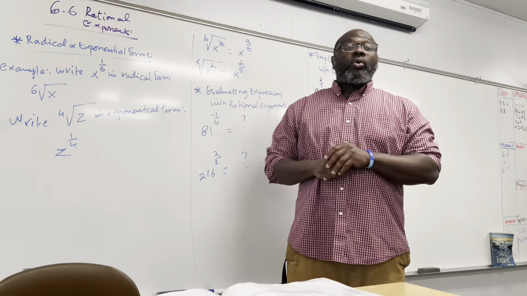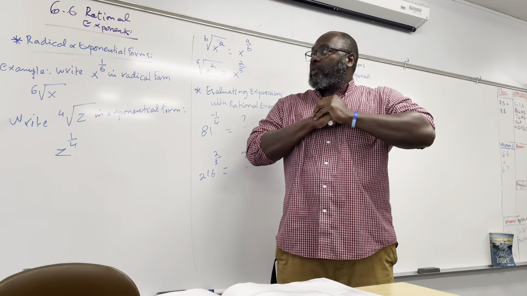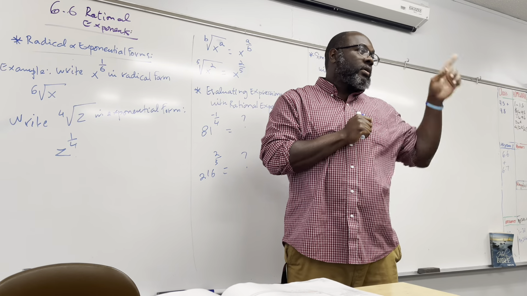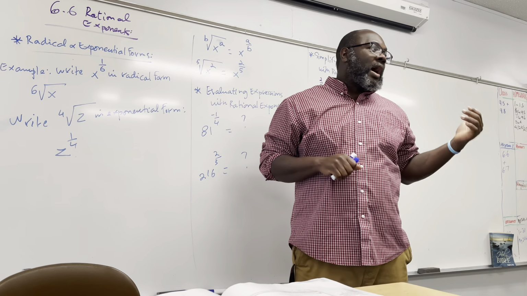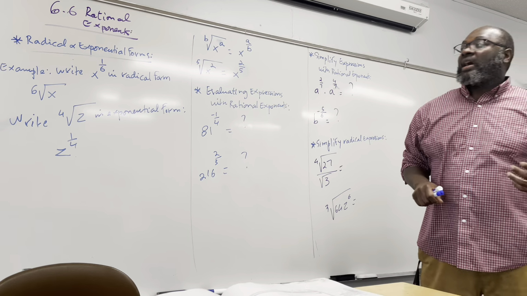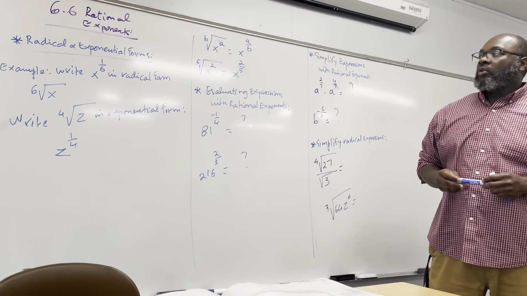All right. So today's section is gonna be about rational exponents. And we've already talked about radical numbers, right? Square root, anything with like fifth root and all of that. Now, there's another way to write radicals. We use what we call the exponential form, okay?